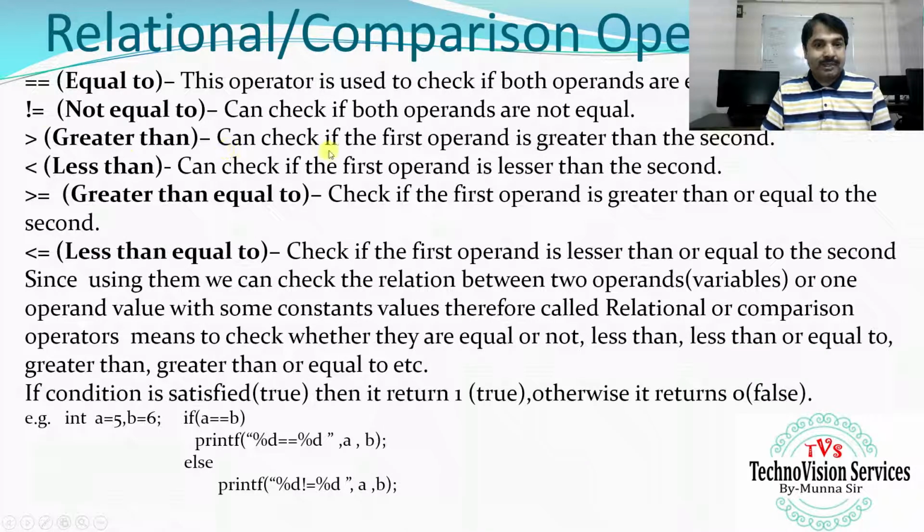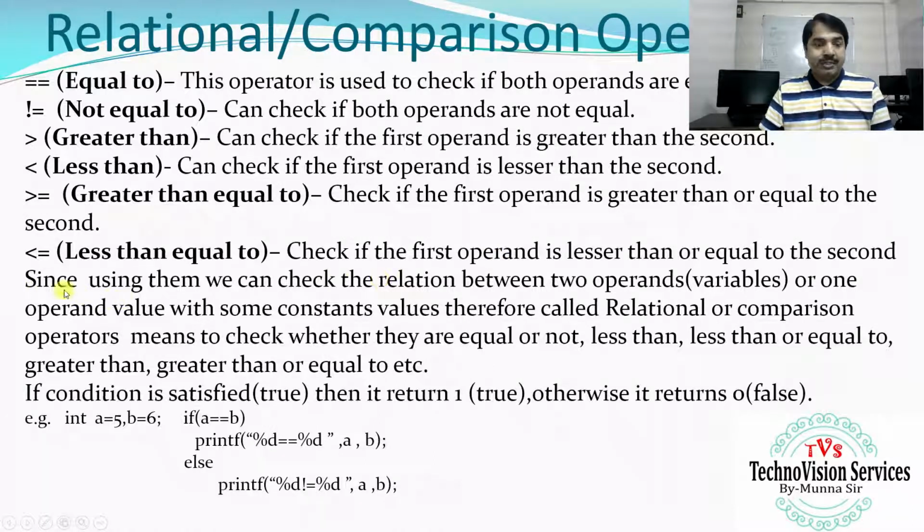Greater than checks if the first operand is greater than the second. Less than checks if the first operand is lesser than the second. Greater than or equal to checks if the first operand is greater than or equal to the second. Less than or equal to checks if the first operand is lesser than or equal to the second operand.